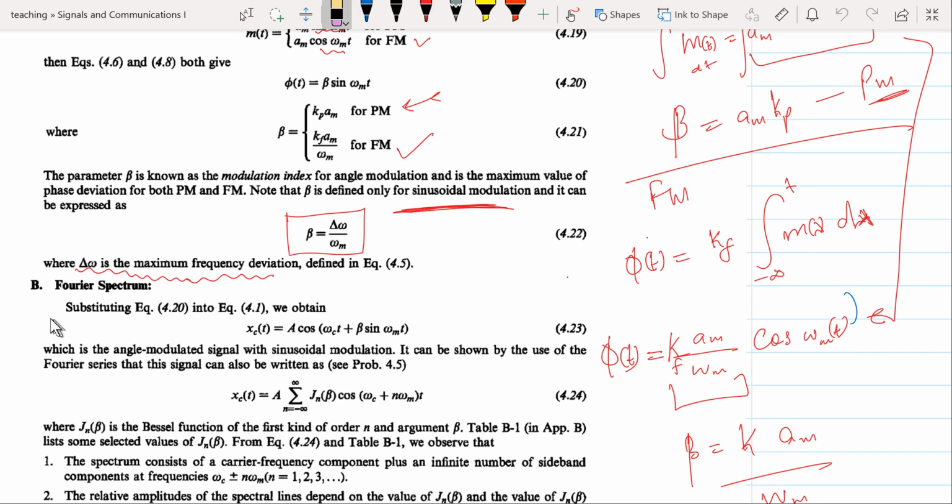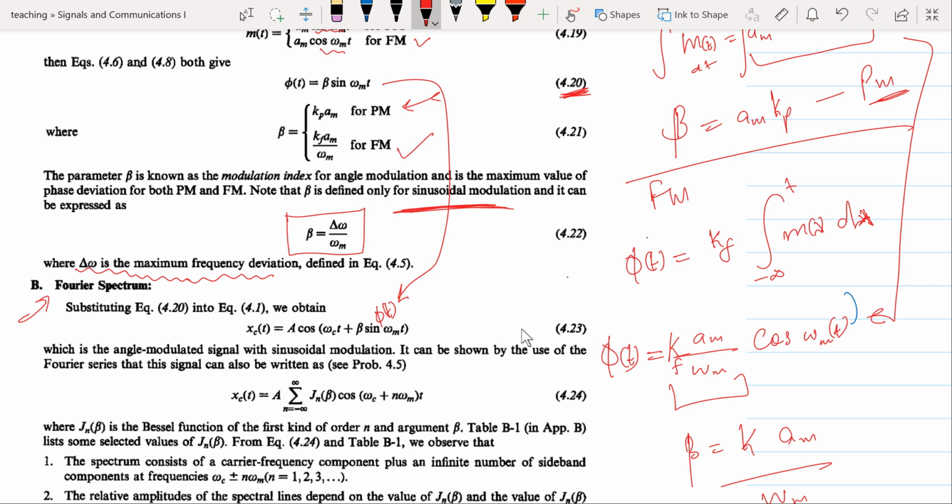Now, to evaluate the spectrum of the sinusoidal modulated wave, we would perform some simple manipulations where we replace phi of t with beta sine omega m t in our original equation.